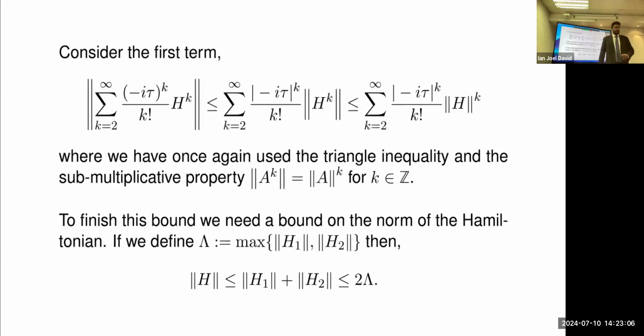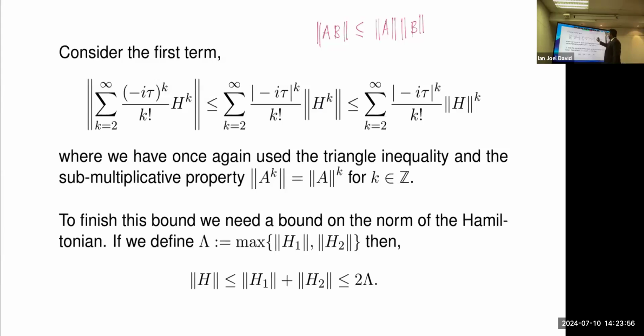So if you have a product of operators, and I think I wrote it down in last week's slide, but I'll write it at the top here as well, if you have the norm of A times B, then this is less than or equal to the norm of A times the norm of B. That's effectively the property that we've used here, and we generalize it so that when you have A to the power K, the norm of that is just going to be the norm of A to the power K. So all we've done here is replace the norm of H to the power K by the norm of H to the power K, and we have the inequality symbol that we see here.